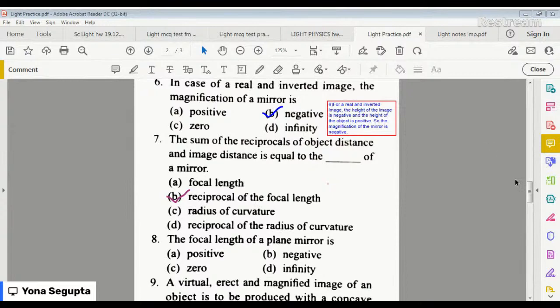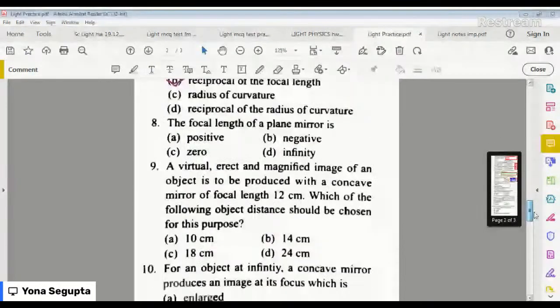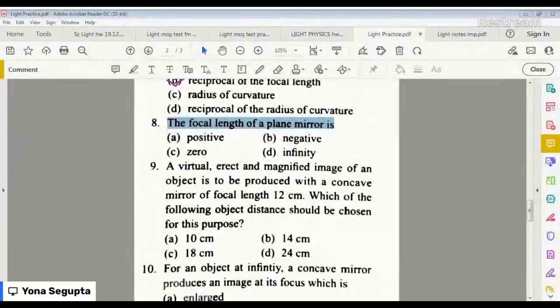Okay, so next I'll move on to number 8. Number 8 is the focal length of a mirror. What is the focal length of a plane mirror?